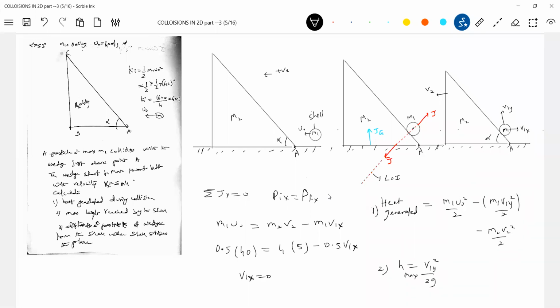Now, the distance of point A of the wedge from the shell when the shell strikes the plane. What does it mean? What is the path of this ball? The ball will ascend, then will descend, finally. And what is the displacement of point A of the wedge? So what is the whole problem?